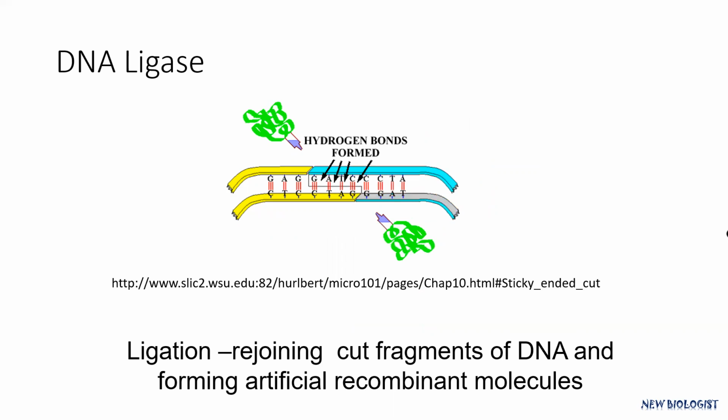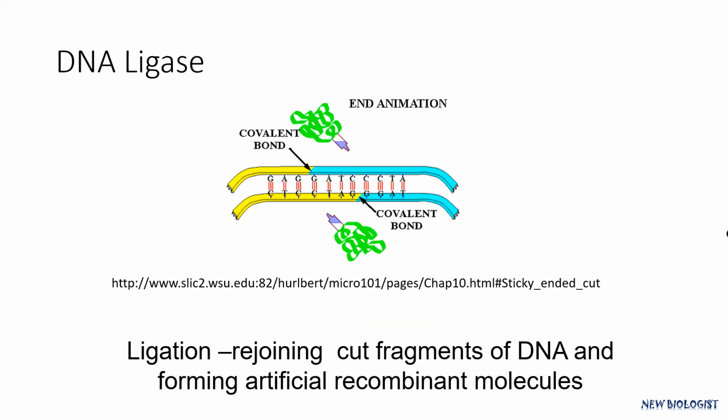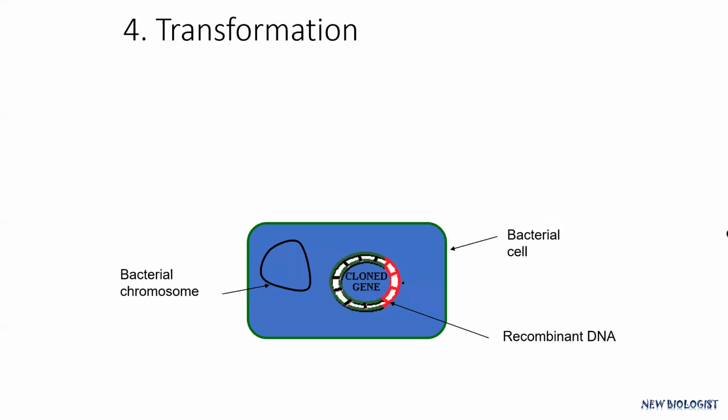DNA ligase creates the bonding; a covalent bond is formed by the DNA ligase. So in ligation and insertion, the foreign DNA is cut to get the desired fragment. At the same time, the plasmid is cut, and they are joined by the DNA ligase. Finally, the plasmid we get is called a hybrid plasmid.